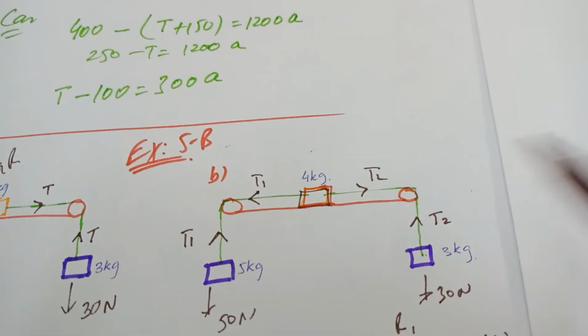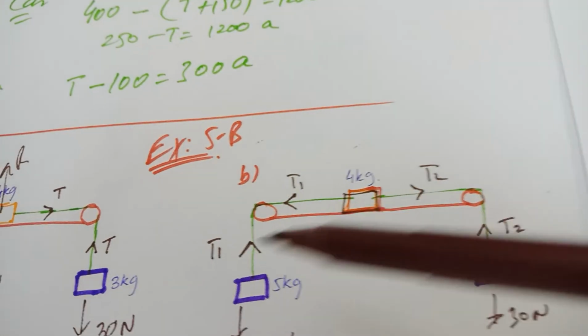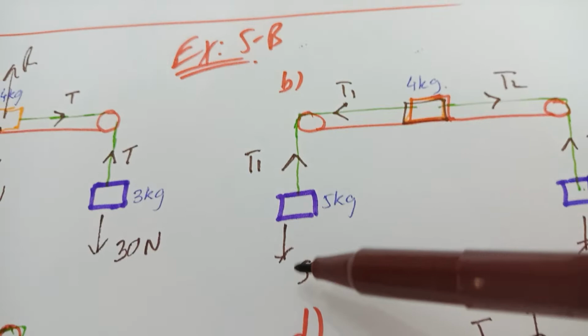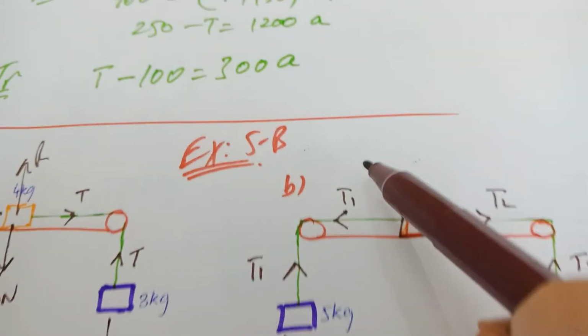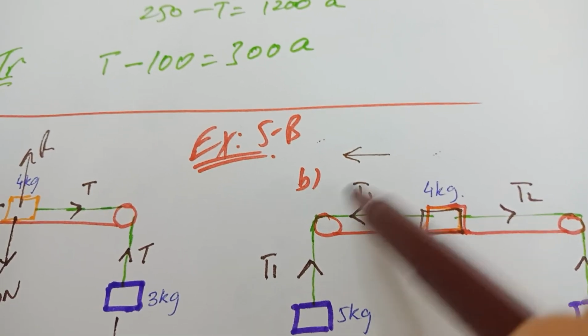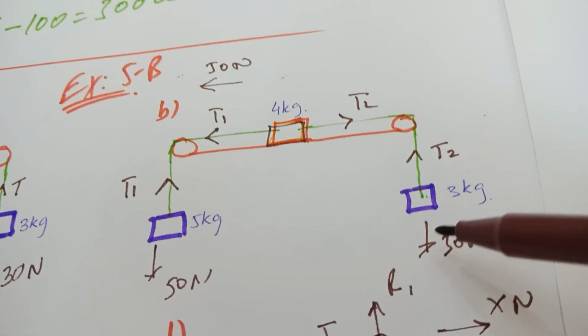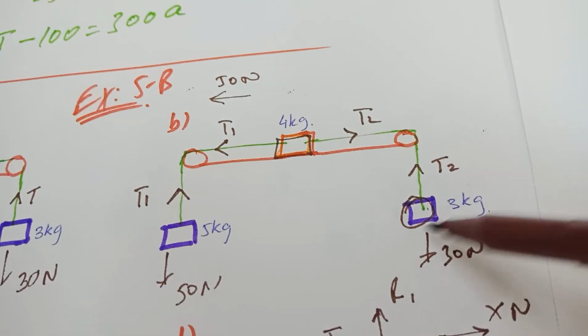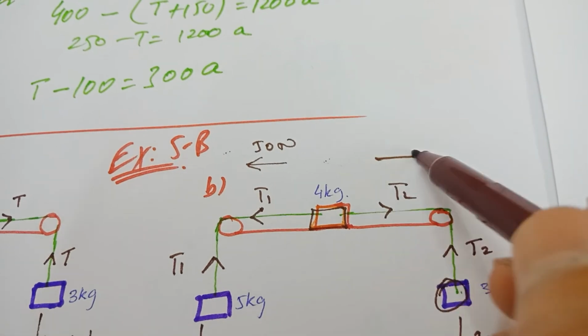Now this T1 is clearly 50 newtons because upward force equals the downward force. So this is established that this is 50 newtons. And this T2 is again in a state of equilibrium, so that T2 is going to be 30 newtons.